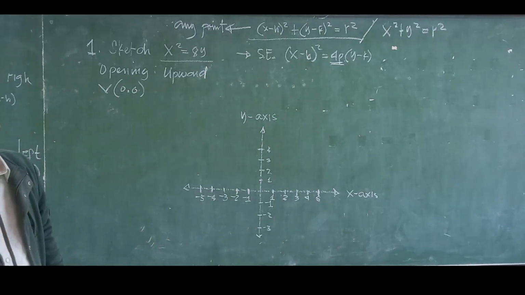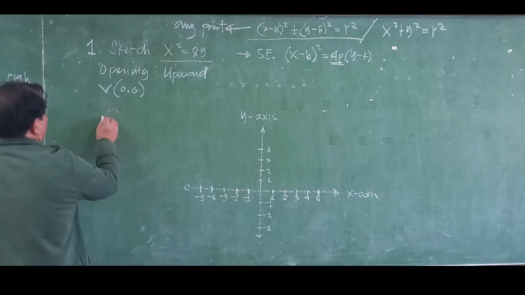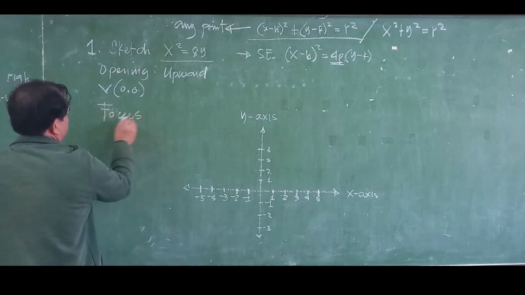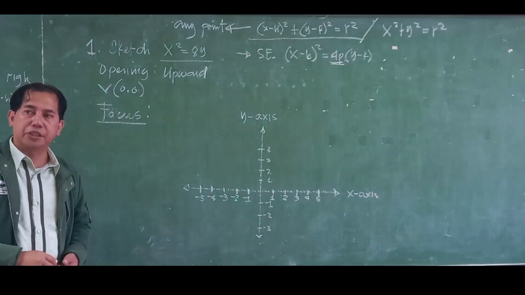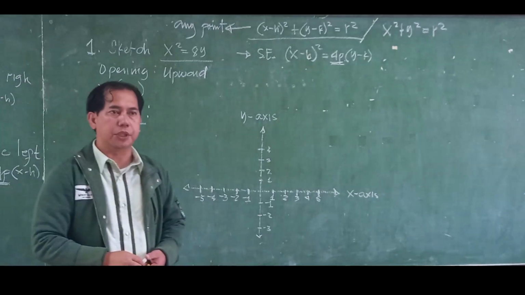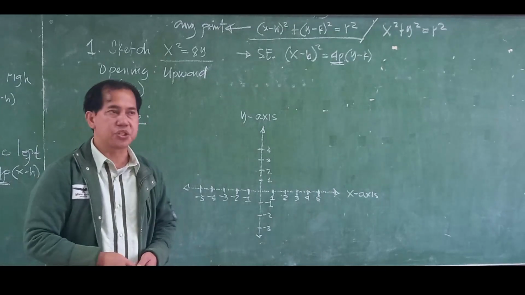We now solve for the, what? What's next? Focus. Okay? Now, how do we determine the focus? Again, the focus will always be determined by the measure of the p. Now what is that p?